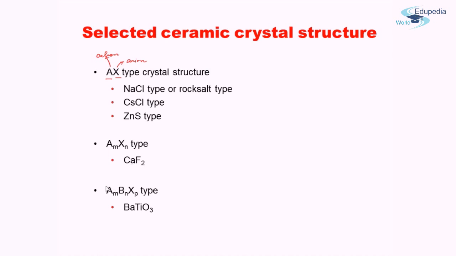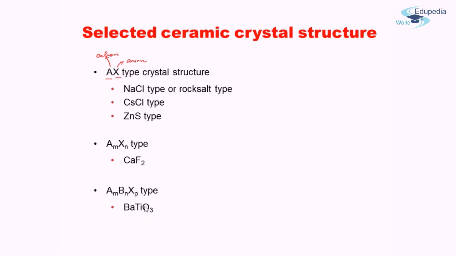So we have A type of cation, B type of cation, and X type of anion, right? An example of that would be barium titanate, BaTiO3. This is one of the compounds which fall under the perovskite structure. We'll see what exactly the perovskite structure is. So this is broadly what we'll study in today's lecture.